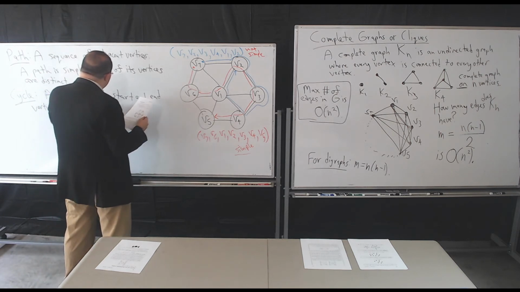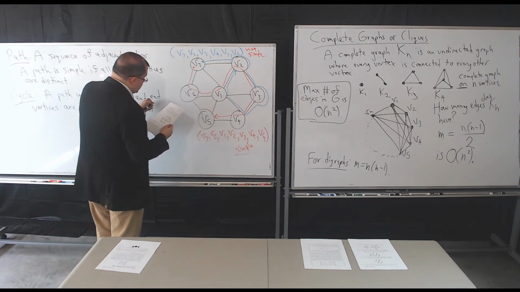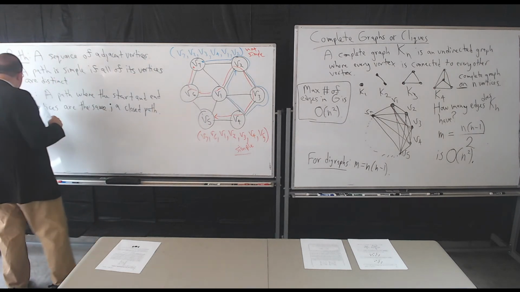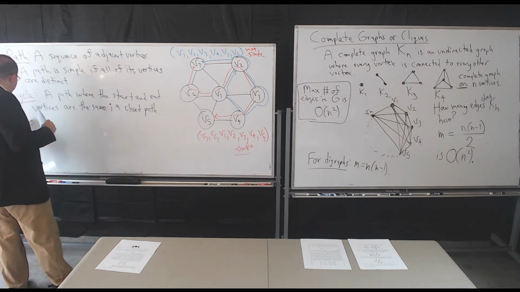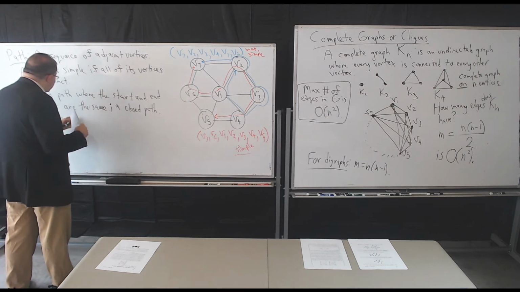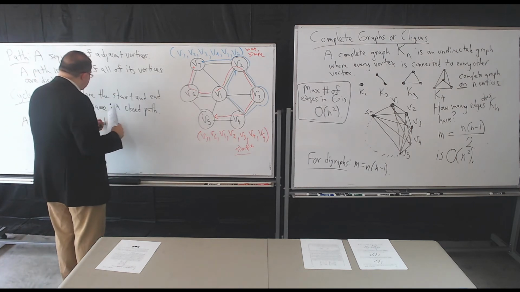It's sometimes called a closed path. So naturally, a simple cycle consists of distinct vertices.